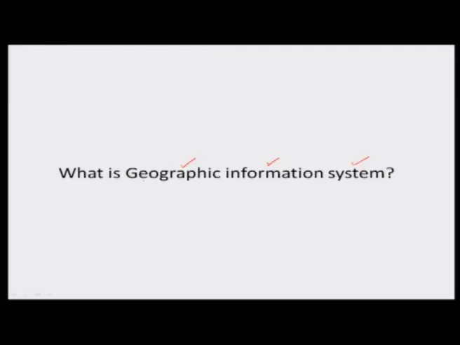Geography is related to the lat-long of a particular portion of the earth's surface. Information is the attribute table which describes that, and the entire computer system which manages it is what the system is. We will see that in the next lecture. Thank you.